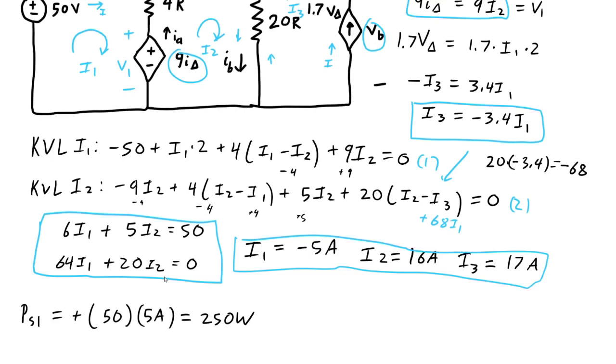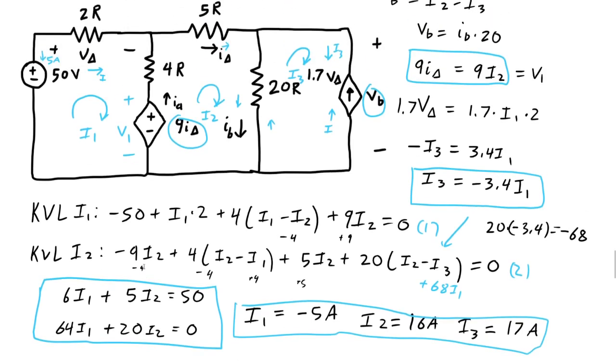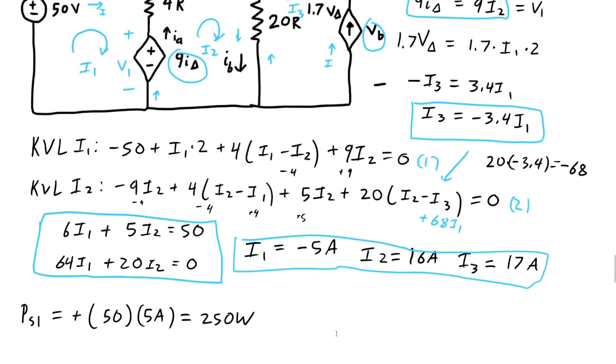So let's do the second source. I have a current IA here, and we know IA, we can calculate that. It's going from minus to plus, so that's going to be a gain.